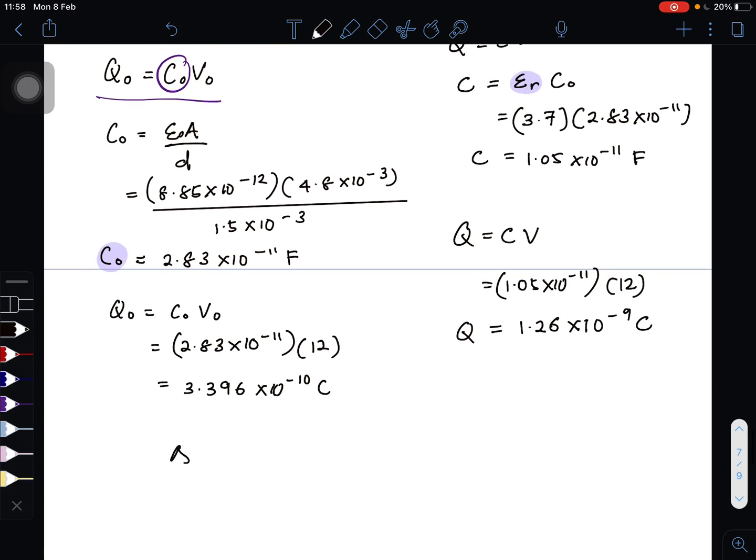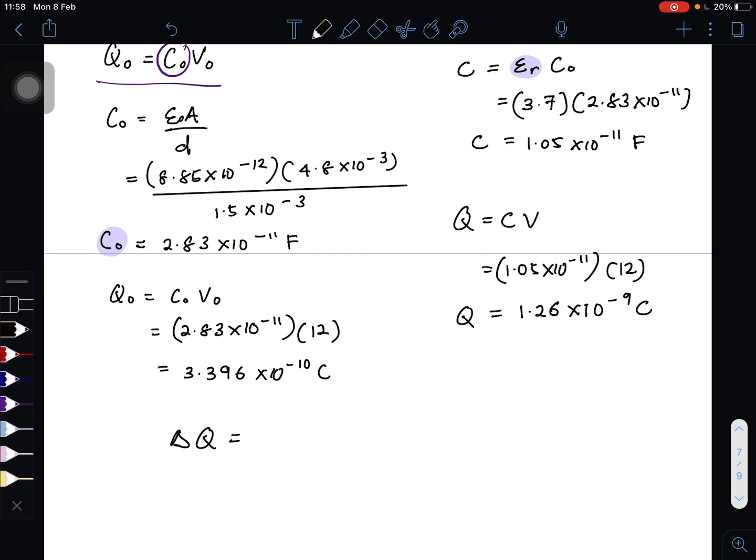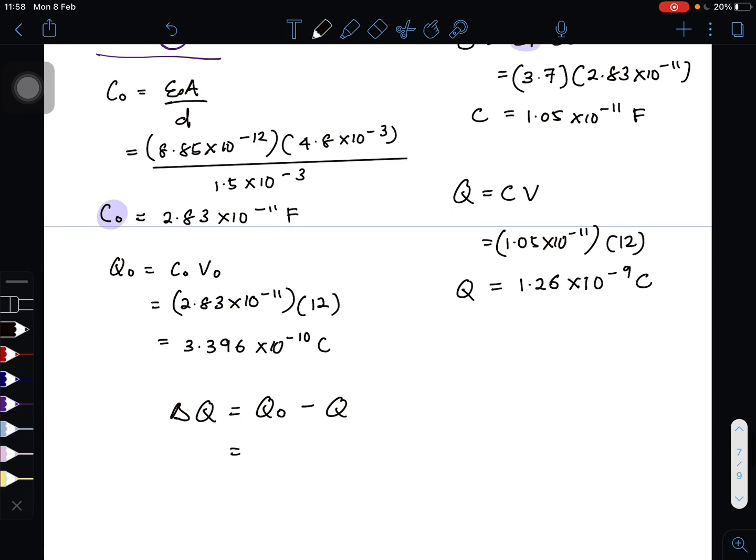And then we can find delta Q, the change. Subtract Q0 minus Q, 3.396 times 10 to the negative 10 minus 1.26 times 10 to the negative 9. Okay, sorry, mistake. The bigger one minus the smaller one, which is Q minus Q0.